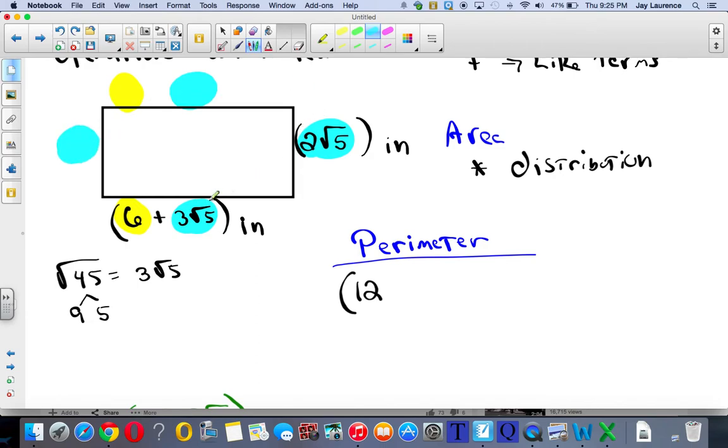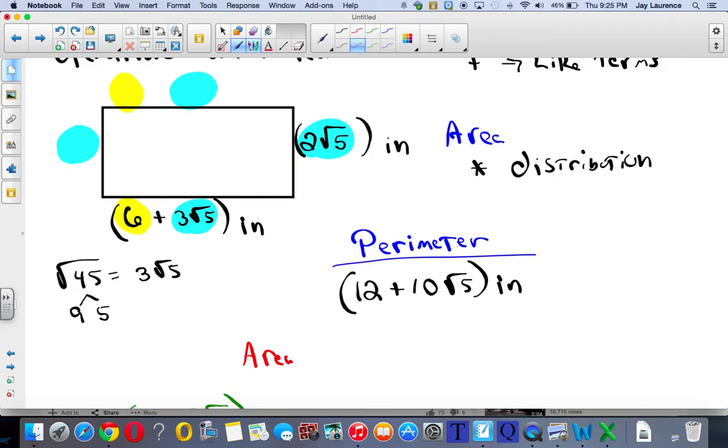So now I have 10 rad 5s. I have 3 rad 5 and 2 rad 5, 5 rad 5, and then another 3 and 2 rad 5s. So that's 10 rad 5 total. So I'm going to have 12 plus 10 rad 5 in its perimeter, in inches. And there you go. All right, now I'm ready to do area.